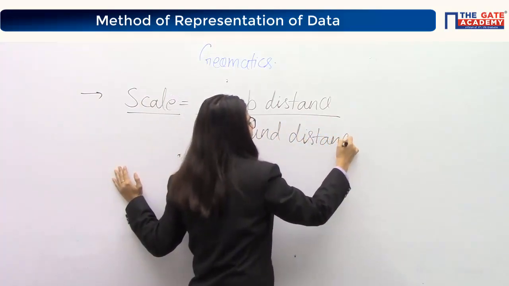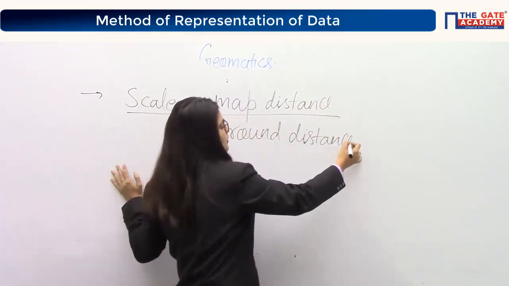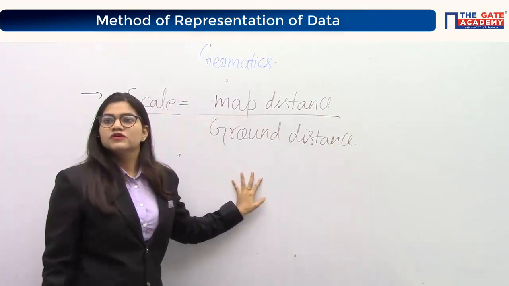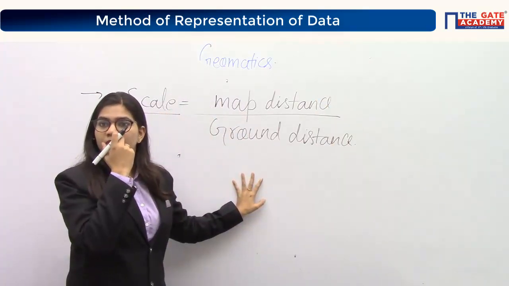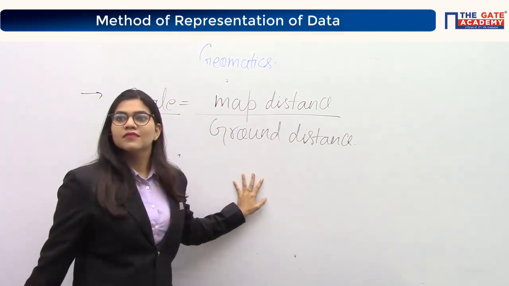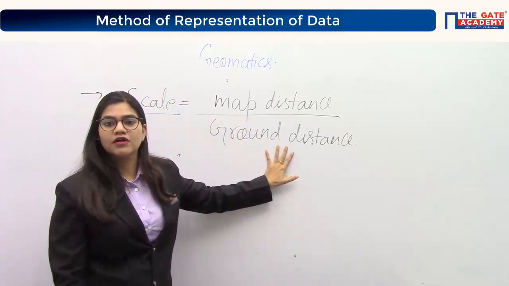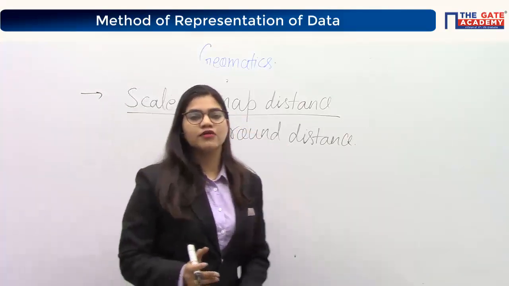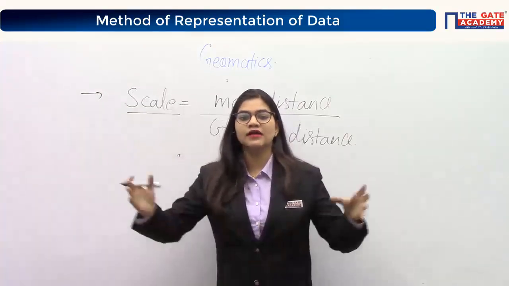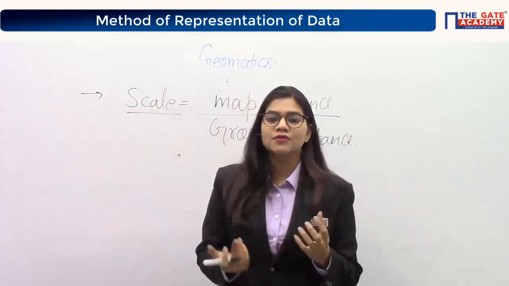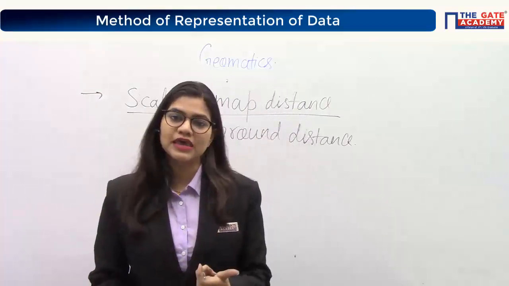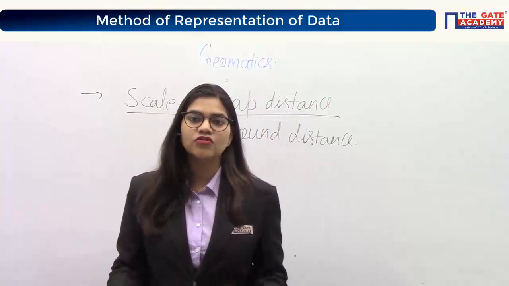Map distance by ground distance is whatever you measure in the ground. If you are representing this 100 meter on ground as 1 centimeter on map, that is your scale. That's how you represent scale.